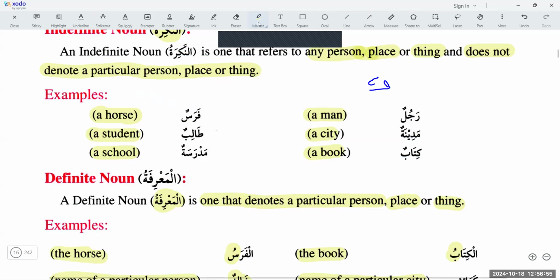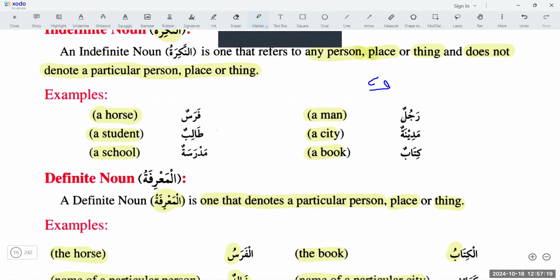The tanween is the sign of the indefinite ism. Not all nouns have a tanween. It is one of the signs. This is one of the signs that there will be a tanween on the indefinite noun.